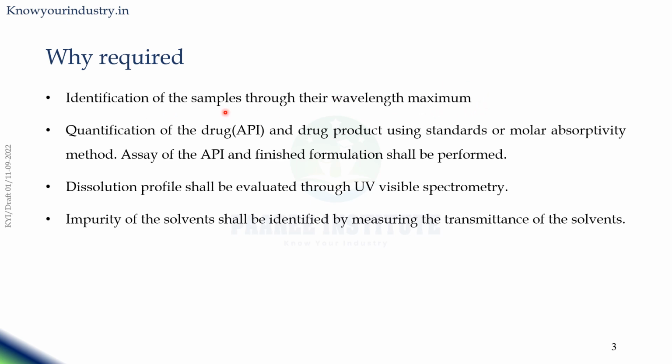So when you scan the samples, it will show you an absorption maximum of 223 nanometer or 274 nanometer, which can be identified with the already reported wavelength maximum of several compounds, so that you can identify the particular compound by matching the wavelength maximum which you obtained from the experiment.